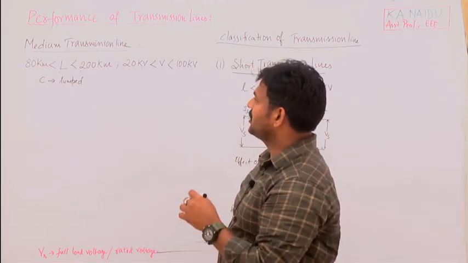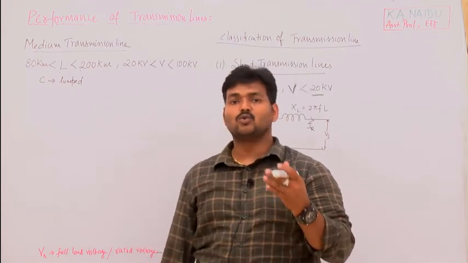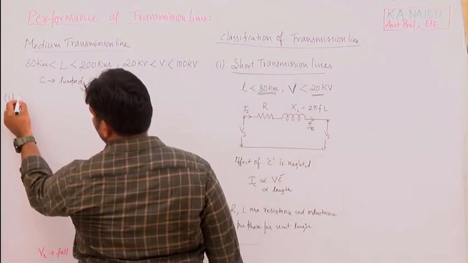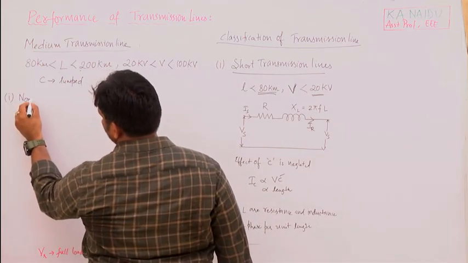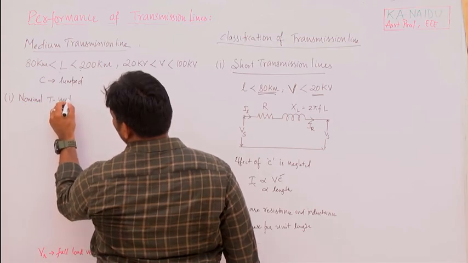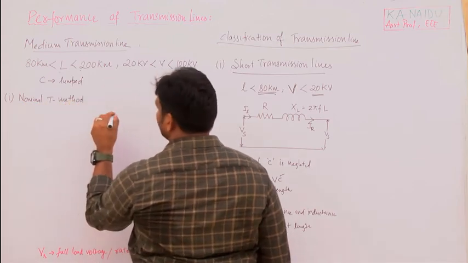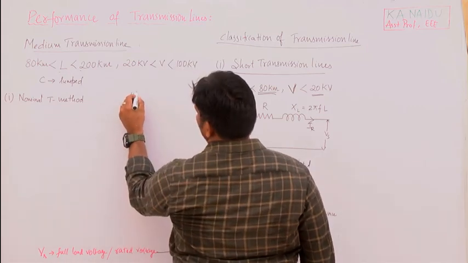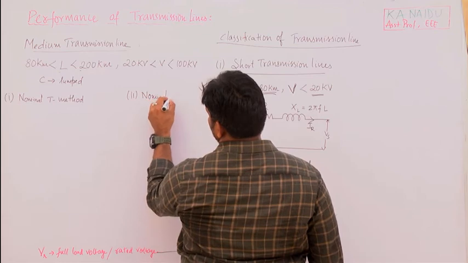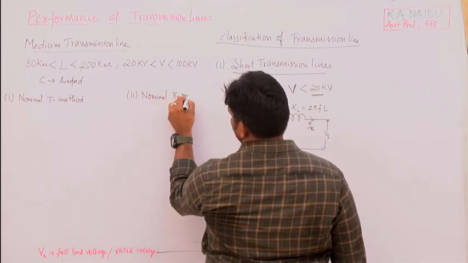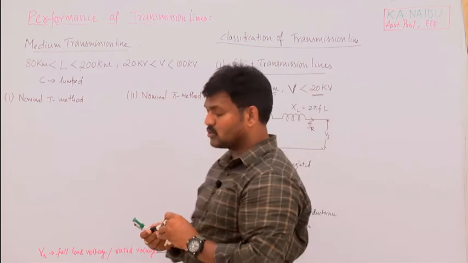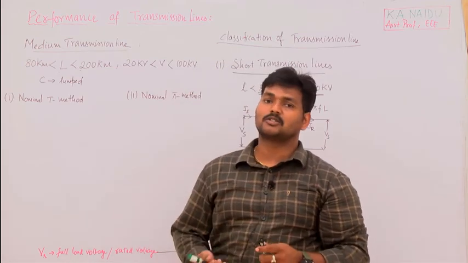Clear? And here in medium transmission line, there are two configurations available. One is called the nominal T method and another one is the nominal pi method. So these are two methods that are used to analyze the performance of the medium transmission lines.